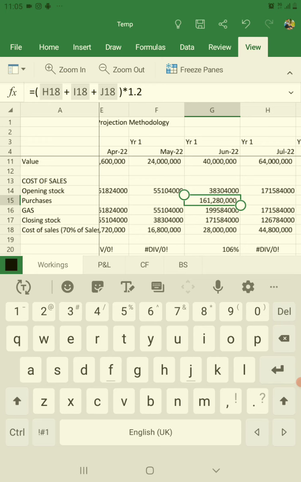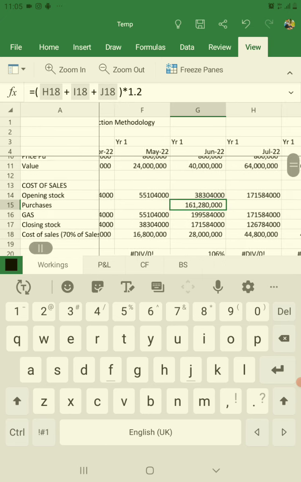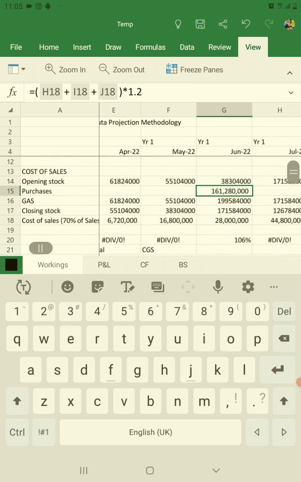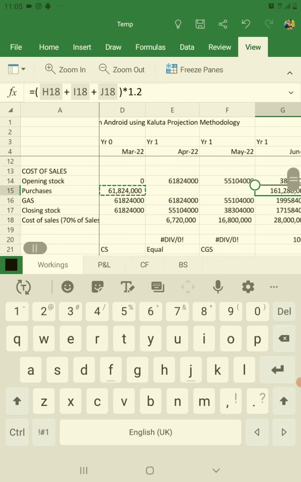H18. If you go to the formula bar, H18, that is cost of sales for July, August and September. You see, so I can be pasting this after every few steps. For example, here 1, 2, the third one I pasted.